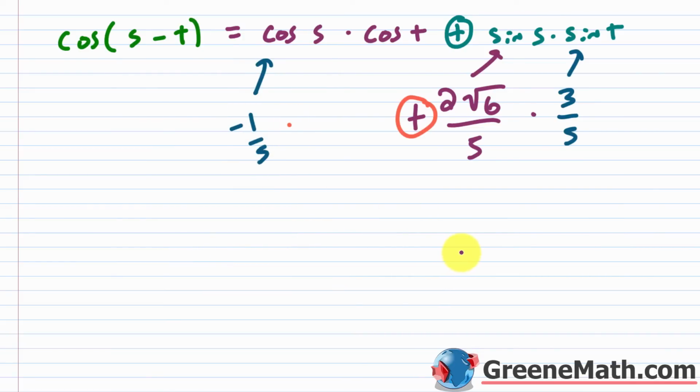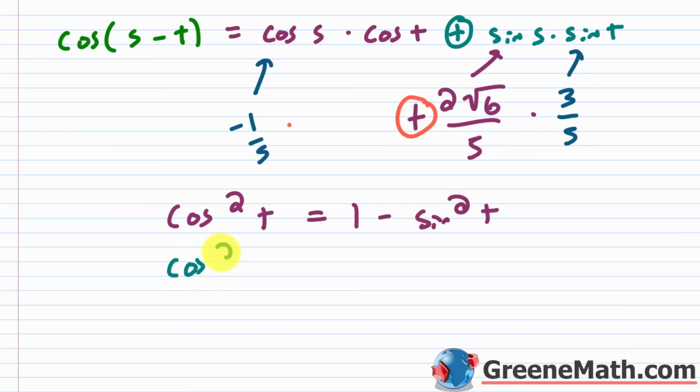So for the cosine of t, again, let's use sine squared t plus cosine squared t equals 1. I'll say this is cosine squared t is equal to 1 minus sine squared t. And I'll plug in for the sine of t, it's 3/5. So cosine squared t is equal to 1 minus 3/5 squared. So 3/5 squared would be 9/25.